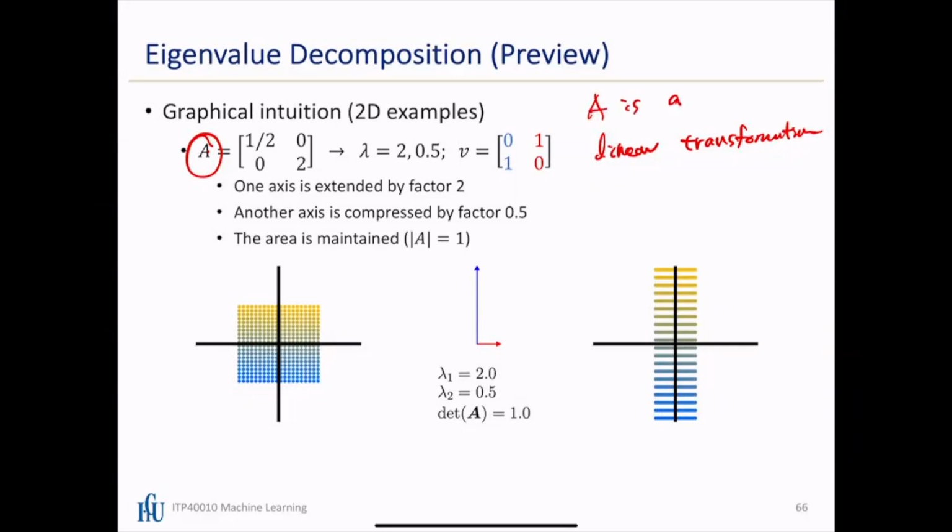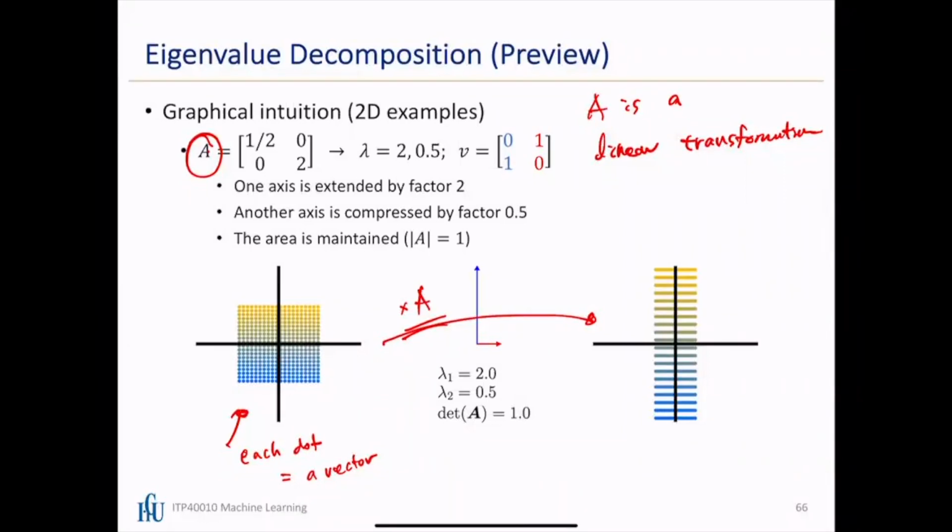Well, after you take this transformation, where each of these dots is a different vector, you have many vectors on this side. You multiply by this transformation matrix, and then the result becomes like this.